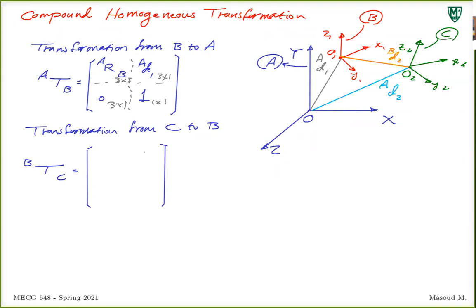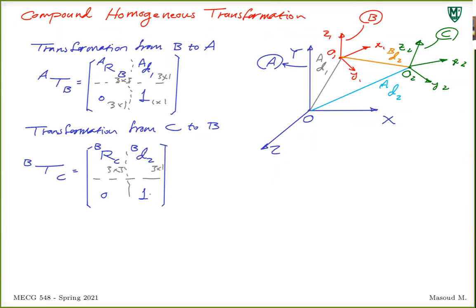There you go. This would be a rotation of frame C in frame B, and then D to B. Right? We're looking at frames B and C. Now you can think about frame B as global coordinate frame and C as body frame. Previously, you could look at A as global coordinate frame and B as body frame. 0 and 1. Same story as before. This is a 3 by 3 matrix.